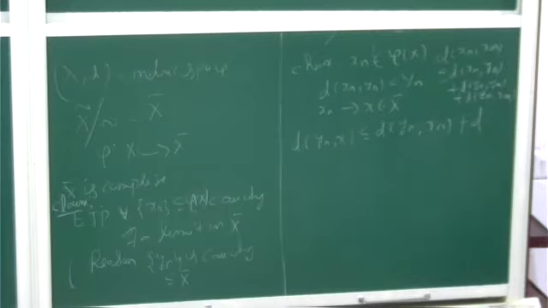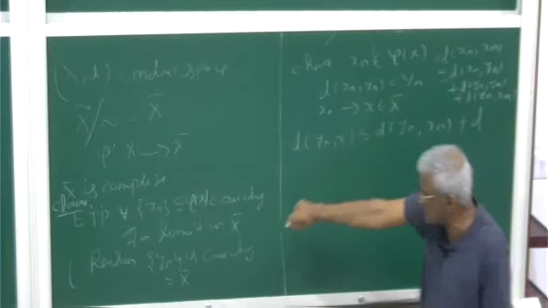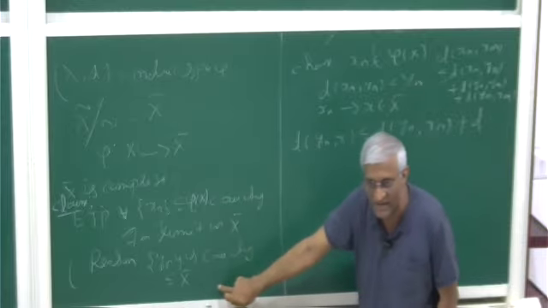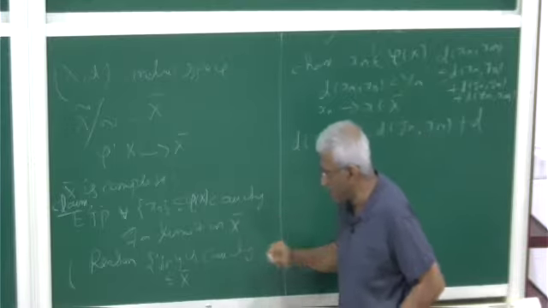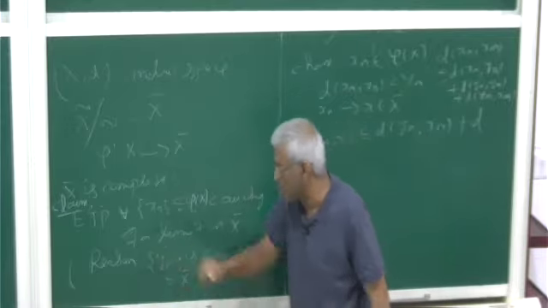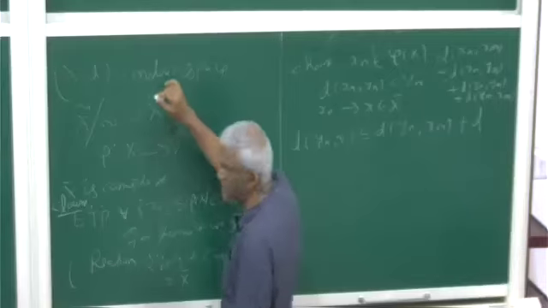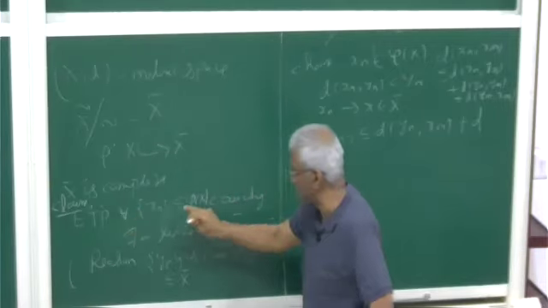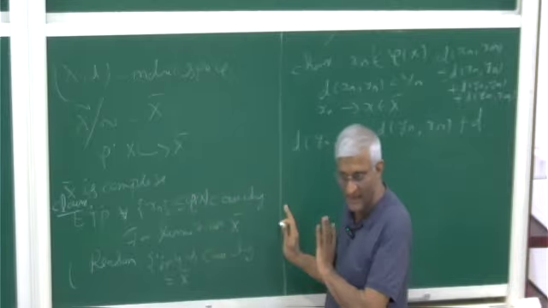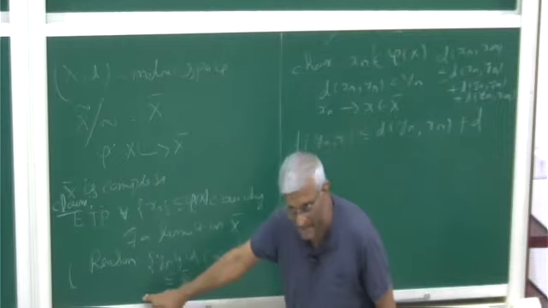Because of that, Xn is also a Cauchy sequence. I'm taking a Cauchy sequence in X bar. I want to show X bar is complete, and I'm saying it is enough to prove that for all Cauchy sequences in X there is a limit. I'm only giving the reason for that.